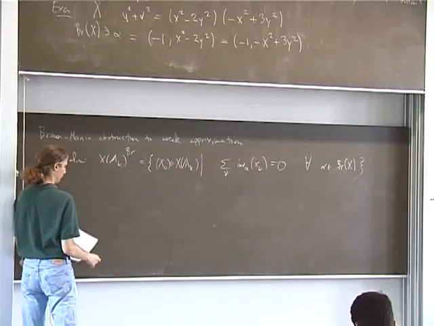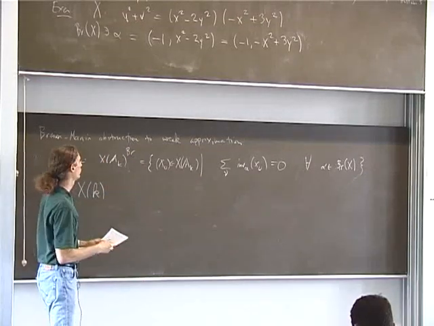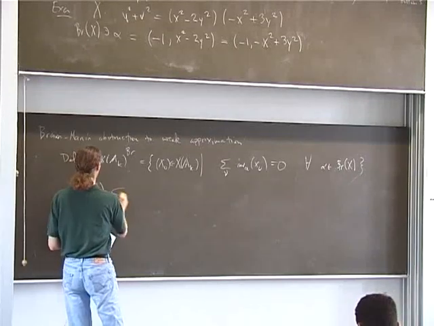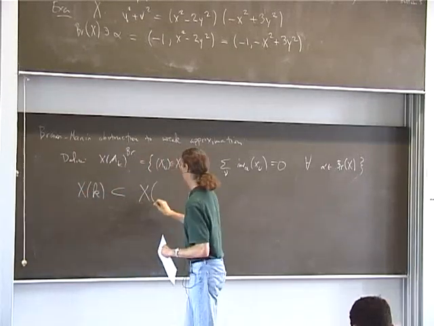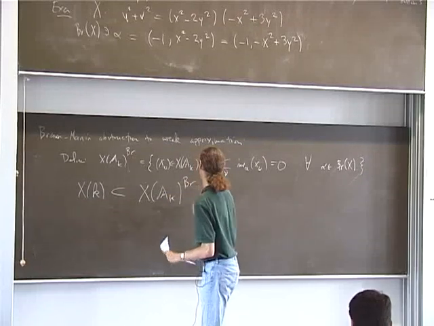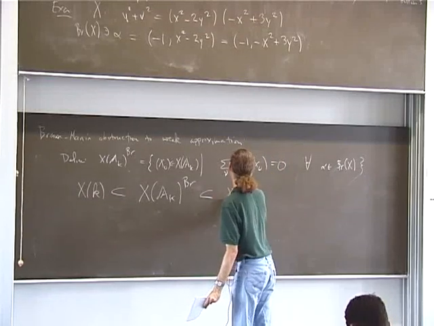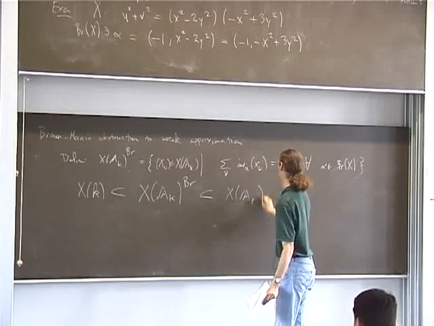And then, well, it's again a consequence of the exact sequence we had, that X(K) is contained in this closed subset of the full set of adelic points.